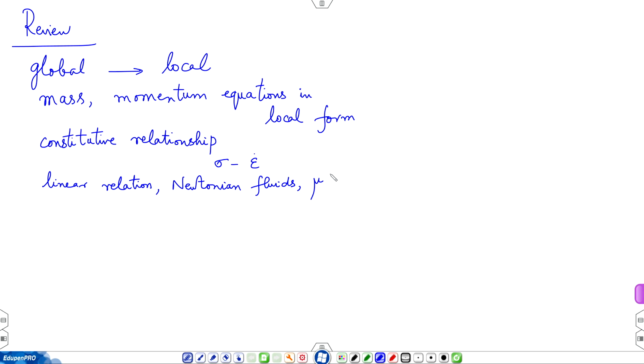So, what does it give you? Mass and momentum equations with the constitutive relationship for a Newtonian fluid. When you put them all together, what do you get? Navier-Stokes equations. We briefly talked about the mathematical properties of these equations.